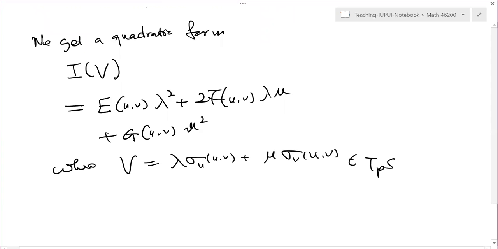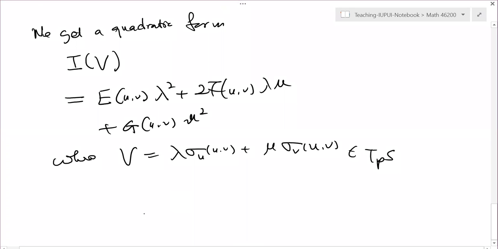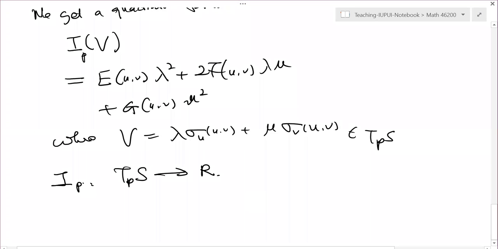So this is called the first fundamental form. I is the first fundamental form at the point P. This is a function on the tangent vectors that is quadratic in the above sense, with λ^2, λμ and μ^2.